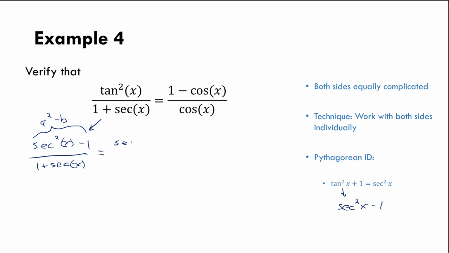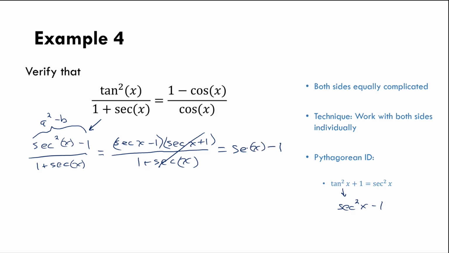That's going to be secant x minus 1 times secant x plus 1, all over this 1 plus secant x. And I know that 1 plus secant x is the same thing as secant of x plus 1, which is what we have here. So those are going to cancel, and I'm left with secant of x minus 1.